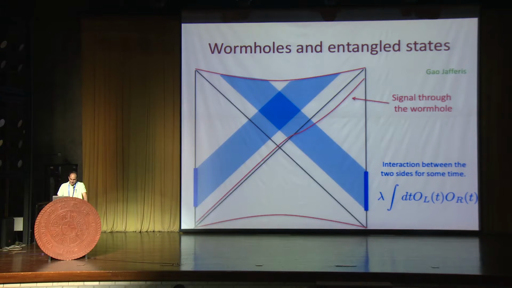And if we make this energy negative, then if we send a signal from very far in the past, when it crosses this negative energy region, instead of having a time delay, we have a time advance, and the particle really goes through the wormhole. Now, of course, this is not in contradiction with anything. We put some interaction between the two sides, and the particle went through the wormhole. That's perfectly fine.